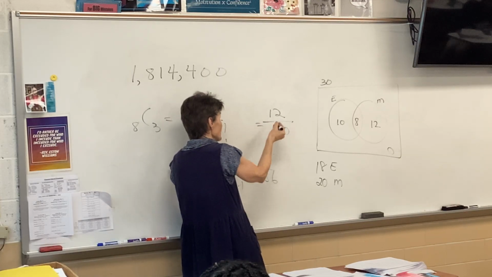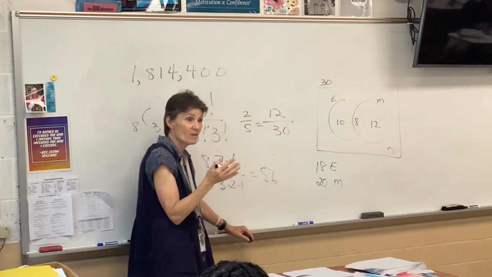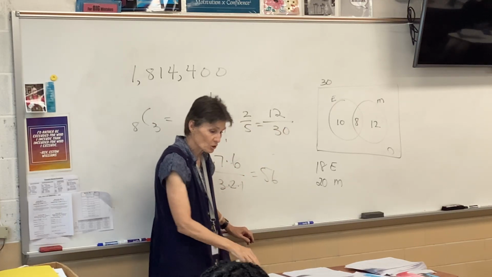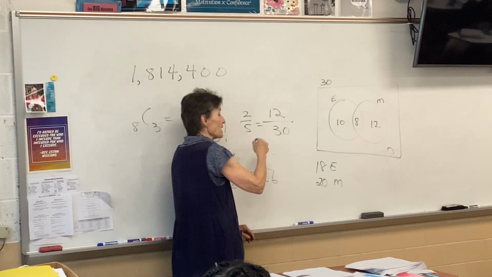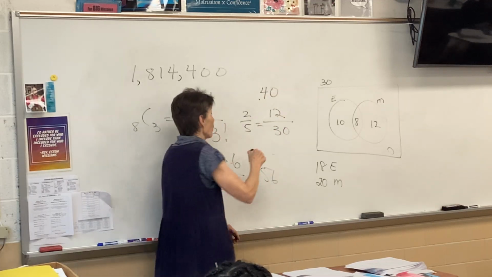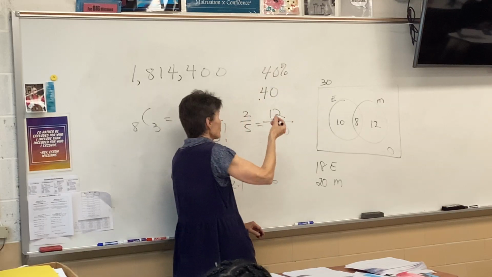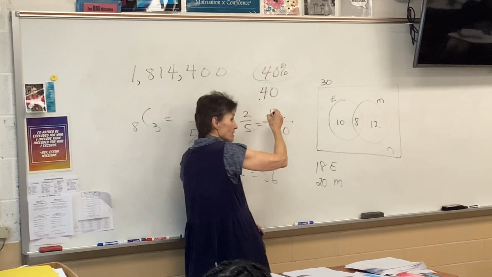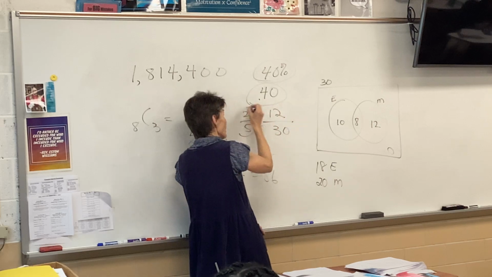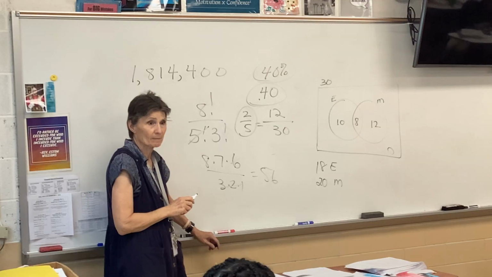And that's gonna reduce, 6 goes into there. That reduces to 2/5 as a fraction, but 2/5 as a decimal is 40%. And remember, you can answer your questions as a percent, as a decimal, or as a fraction. It doesn't matter. They're all the same thing.